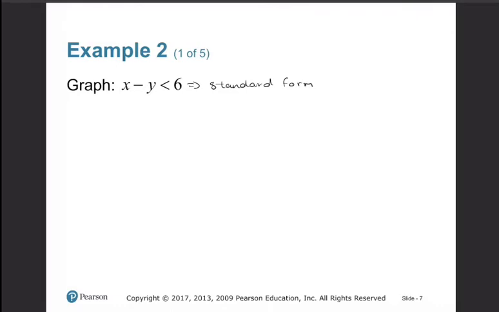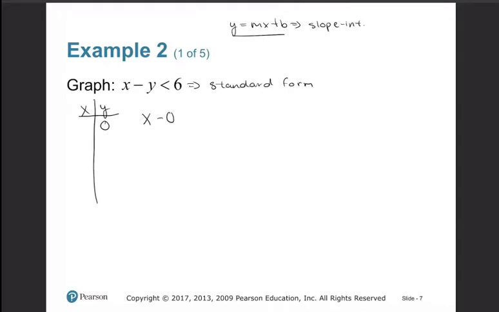Again, you can use y equals mx plus b, which is slope intercept. I don't really mind how you do it as long as you do it right. Since this isn't already in slope-intercept format, let's use our little table to use the standard form.